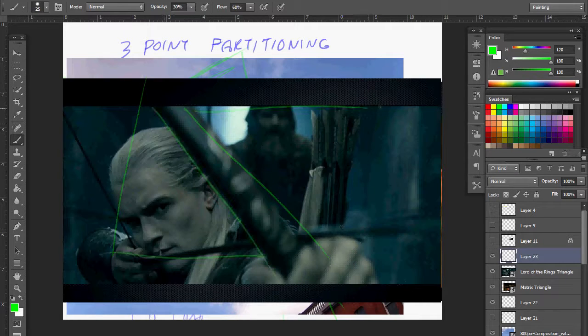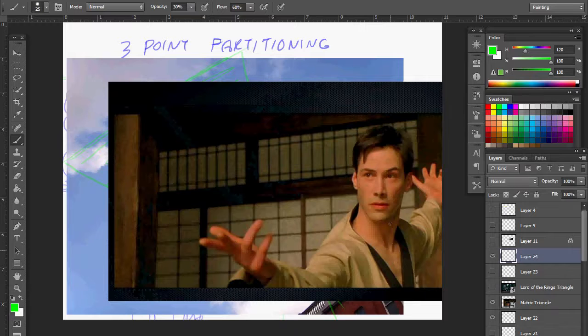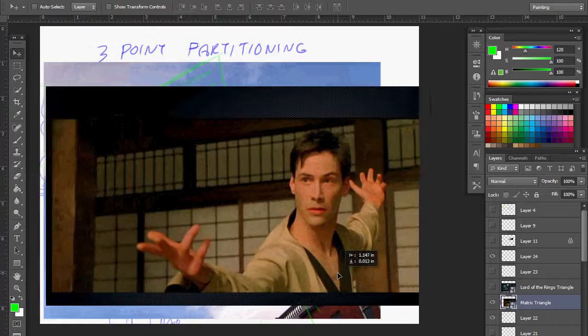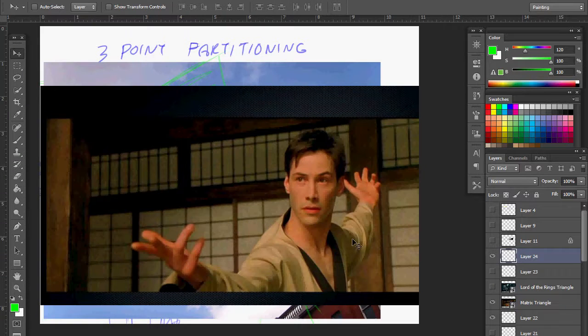Three-point partitioning. Matrix guy. Three-point partitioning.